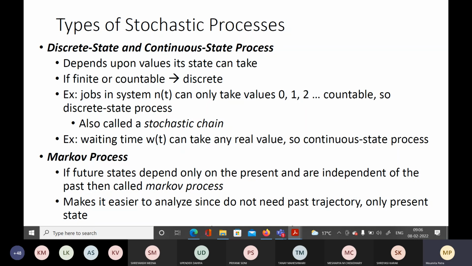As I've already told you, this kind of property is very useful in analysis. It makes it easier to analyze because you don't have to look at what has happened in the past. Only dependent on the present state, you will analyze the system. These kinds of processes are very helpful in analysis.